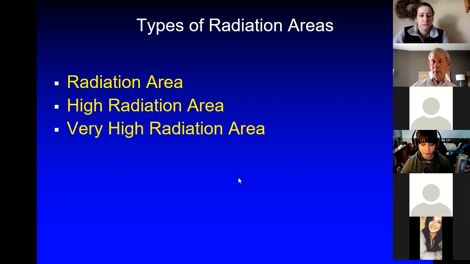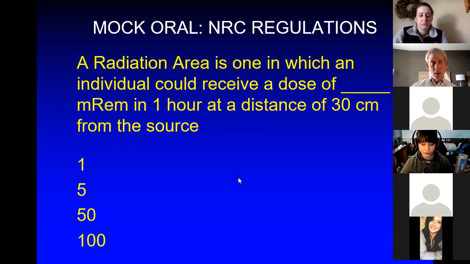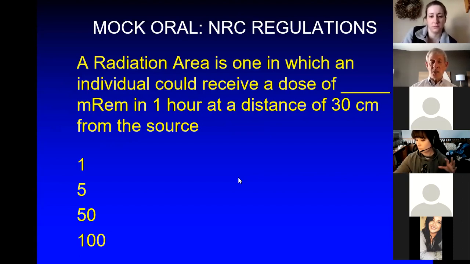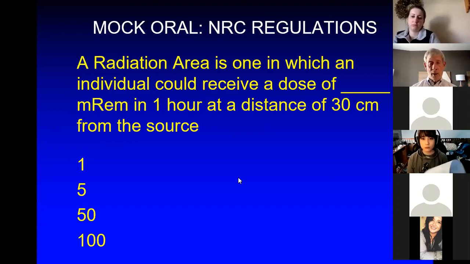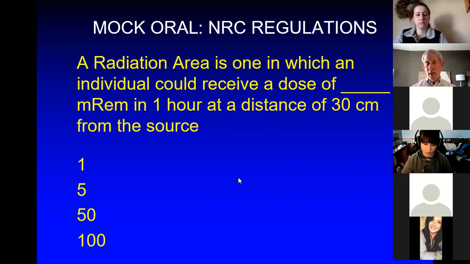So let's review what the numbers are associated with those areas. A radiation area is one where you could pick up a dose of X millirems in 1 hour. Now note, that's an integrated dose over 1 hour. It is not an instantaneous reading of X mR per hour. That's a cumulative dose measured over 1 hour and at a distance of 30 centimeters.